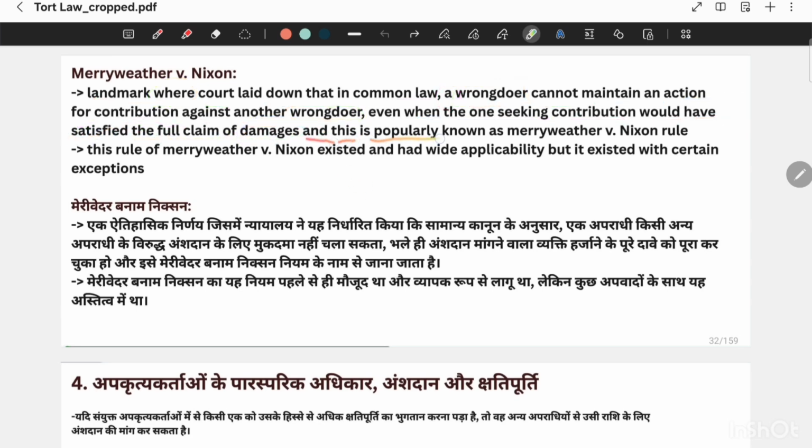This is popularly known as the Meriwether versus Nixon rule. This rule existed and had a wide applicability, but it existed with certain exceptions.